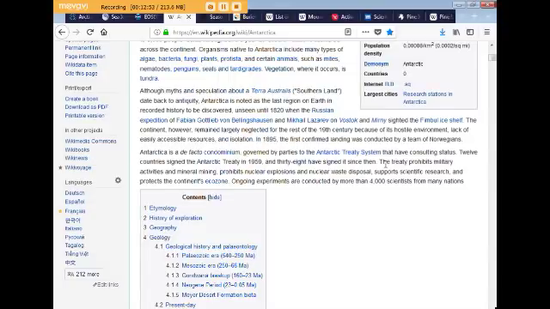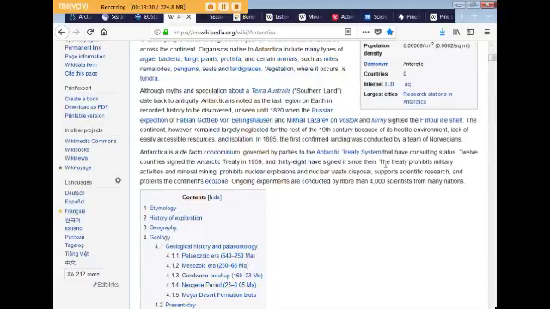Although myths and speculation about a Terra Australis or southern land date back to antiquity, Antarctica is noted as the last region on Earth in recorded history to be discovered, unseen until 1820 when the Russian expedition of Fabian Gottlieb von Bellinghausen and Mikhail Lazarev on Vostok and Mirny sighted the Fimbul ice shelf.